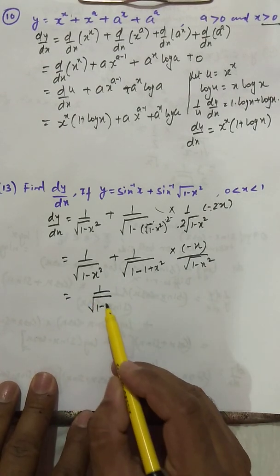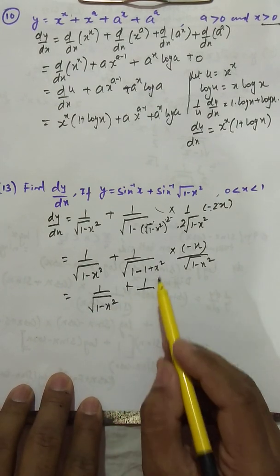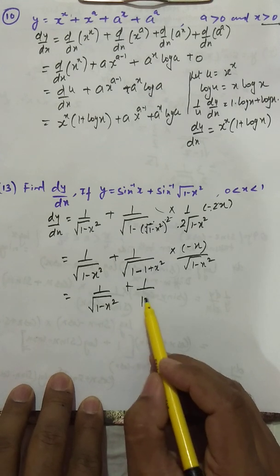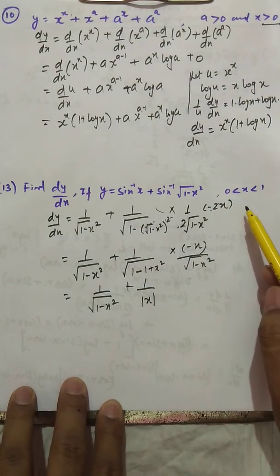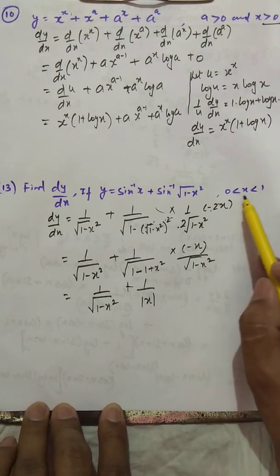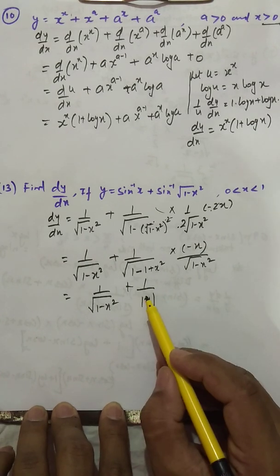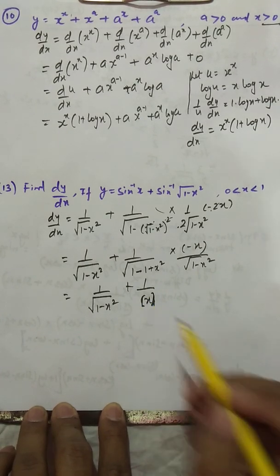This is root 1 minus x square, and this is going to be root x square, so this is going to be mod x, but there is no need to use mod, because it is already given that x lies between 0 and 1, meaning it is positive. So you can remove this root.